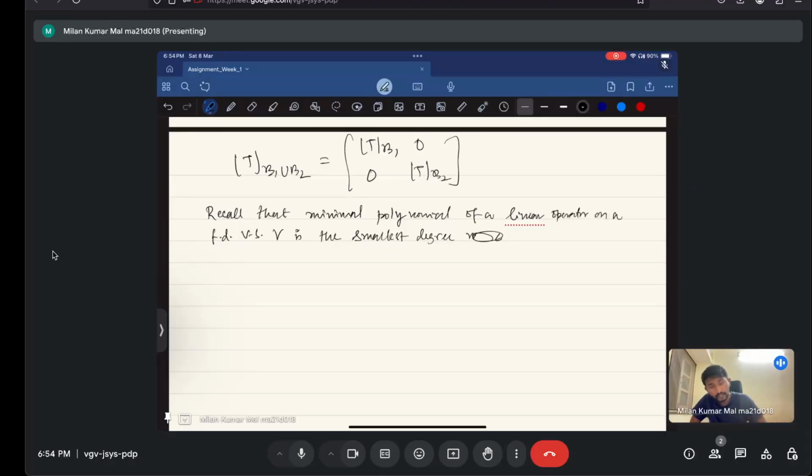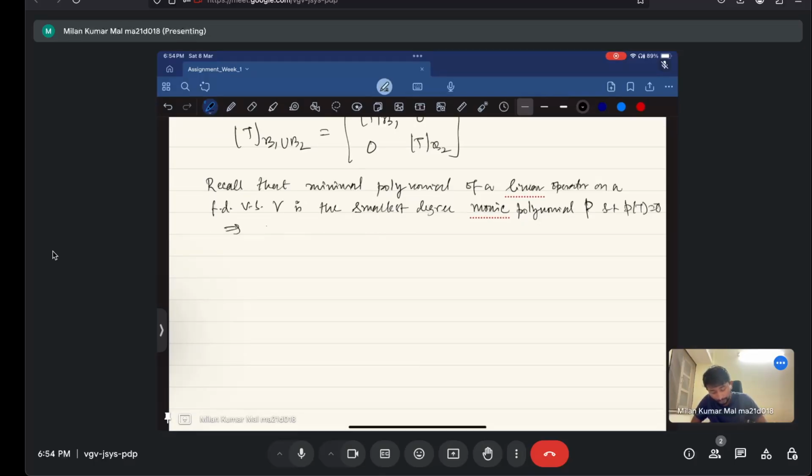Monic polynomial means the polynomial whose coefficient of the highest degree term is 1. It is the monic polynomial P such that P(T) equals 0.